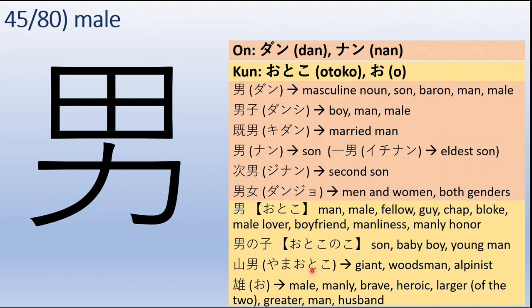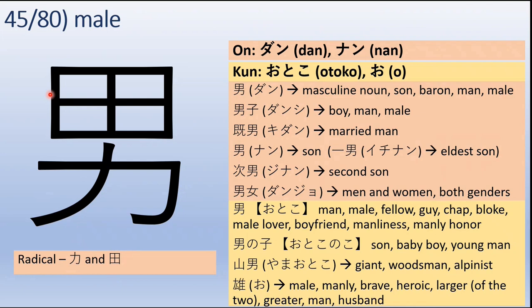Then we have yama otoko, which means giant, woodsman, or alpinist, which means a mountaineer. And we use o in general as for male, manly, brave, heroic, larger of the two, that is larger of the two genders, greater man, and husband. The radicals included, as I said earlier, are the radical for power or energy and the radical for rice field.